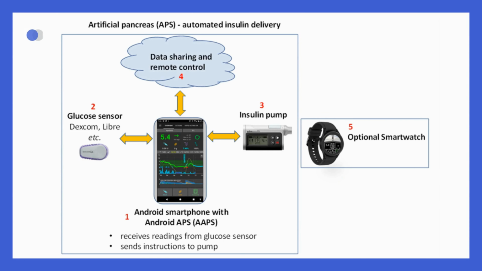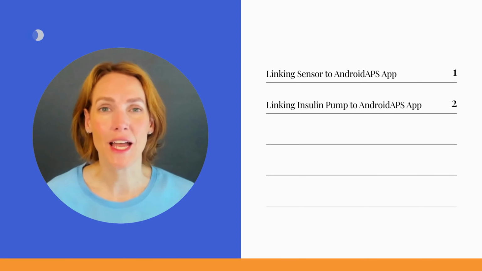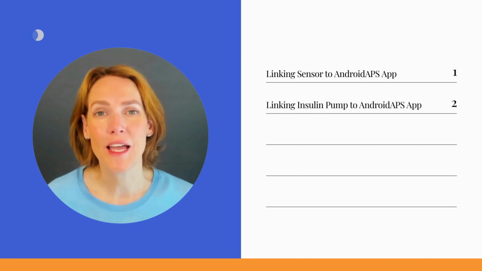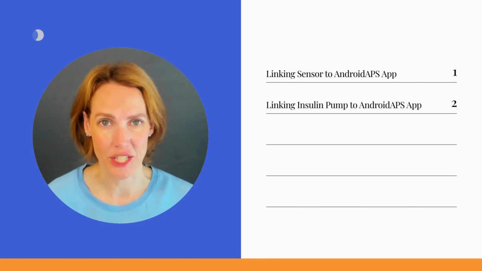In this video tutorial, we will guide you through the process of creating various links in the AndroidAPS automated insulin delivery system. Specifically, we will cover the following steps. How to link your sensor to a dedicated sensor app, enabling the transmission of sensor readings to your AndroidAPS app. How to pair your Omnipod Dash, AccuCheck Insight, or Dana iPump with AndroidAPS for seamless communication.